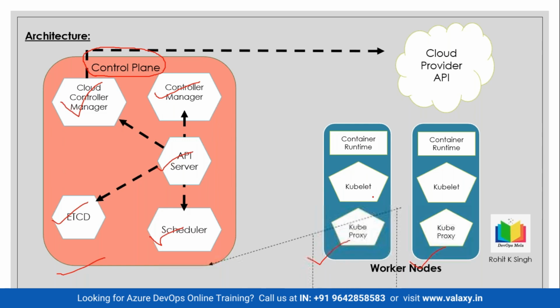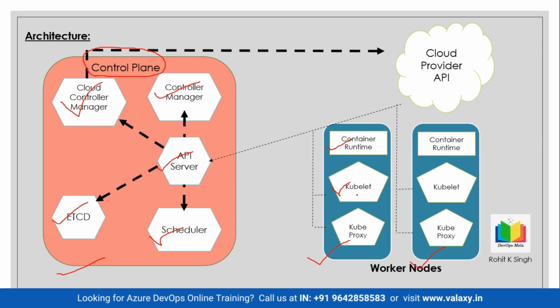Now the worker node again has multiple things. It has a container runtime. Just imagine Docker. Docker is running on the worker nodes. You have kubelet. Kubelet is basically an agent that runs on each node. So this kubelet service will be running on each node. Okay, it makes sure that the containers are running in a pod.